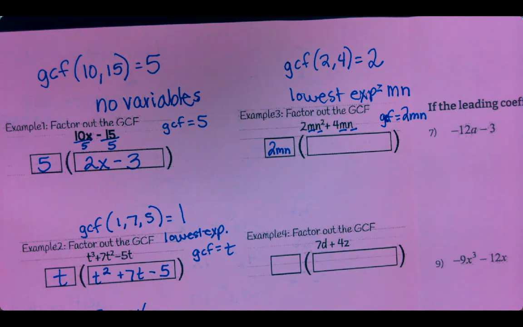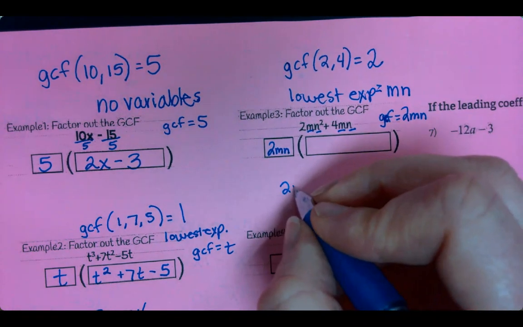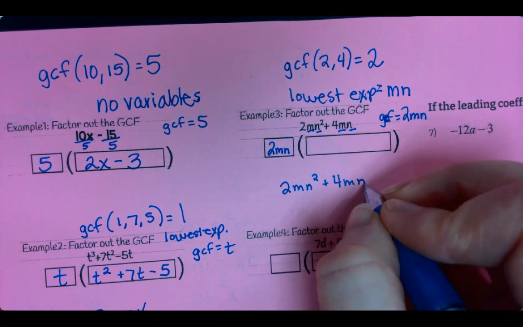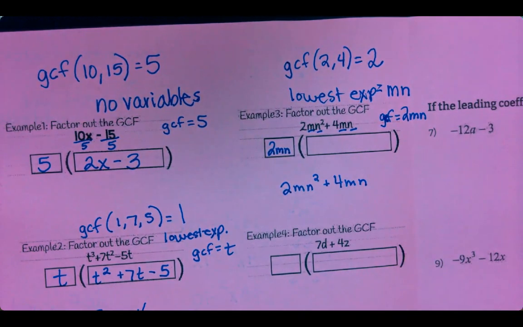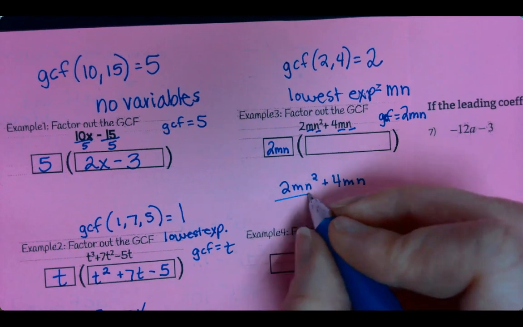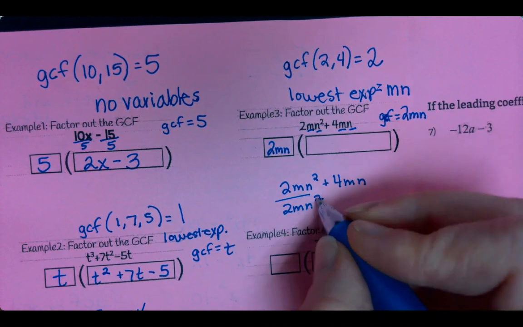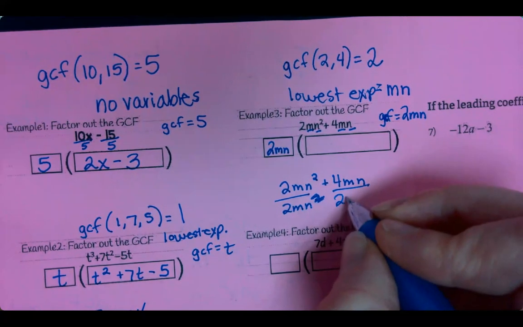And then divide everything by 2mn. I'm going to go ahead and write it. It didn't give me enough room on this one either. That's our original. We're going to divide by our GCF. Oh, 2mn, not a square. And then 2mn.